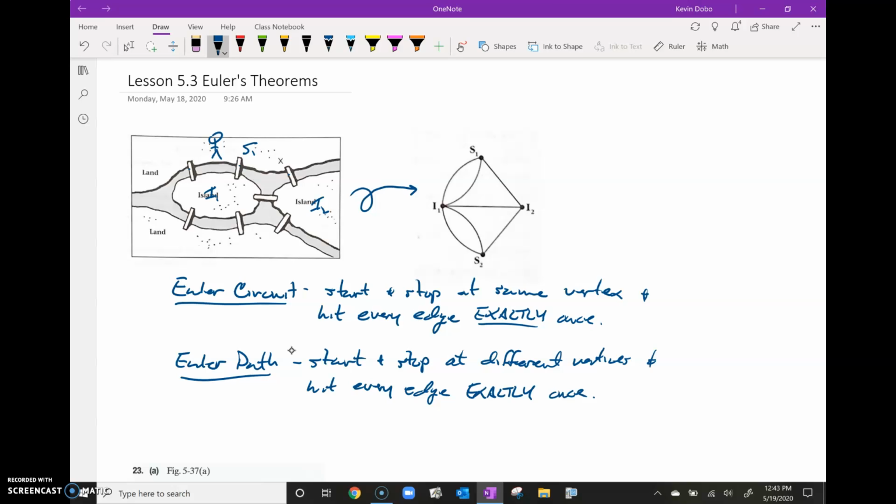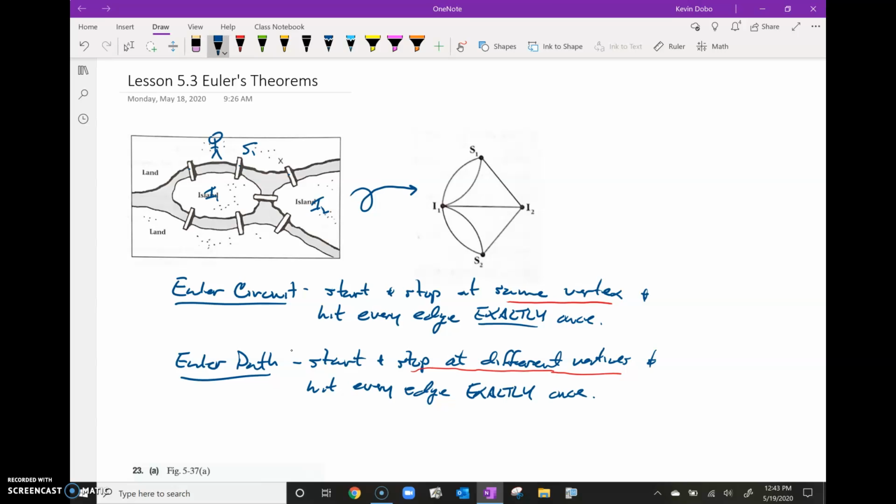So really the difference between a circuit and a path is that in a circuit you start and stop at the same vertex, and in a path you start and stop at different vertices. Just the fact that you're starting and stopping at different vertices or the same vertex, that's the difference between a circuit and a path.